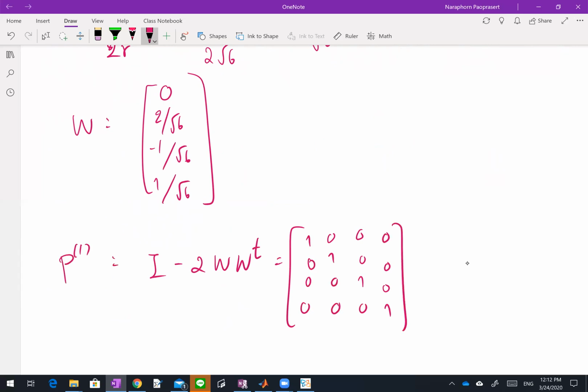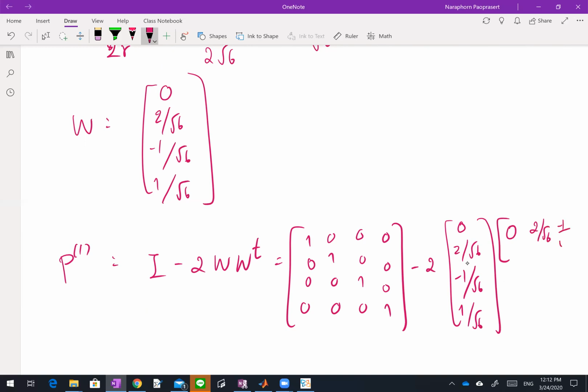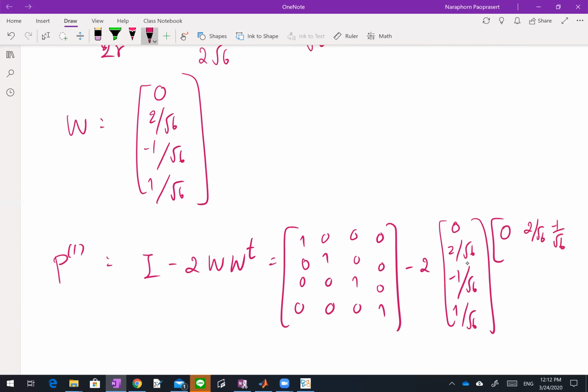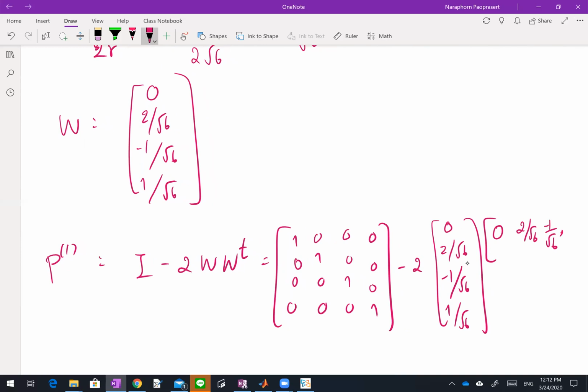Okay, so this is I minus 2 times W, which is 0, 2 over root 6, minus 1 divided by root 6 and 1 divided by root 6, times 0, 2 over square root of 6, minus 1 over square root of 6, and finally 1 over square root of 6.